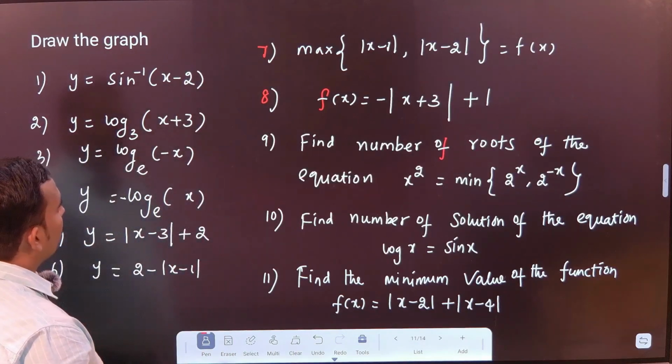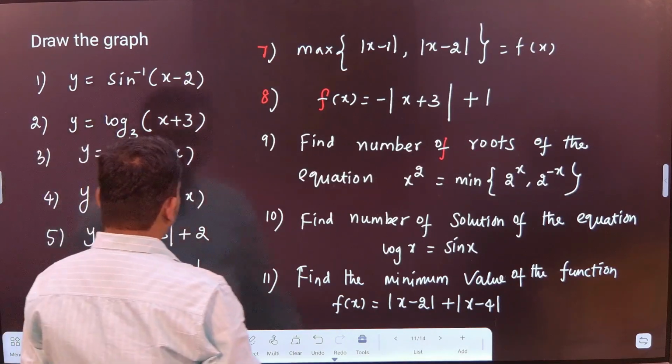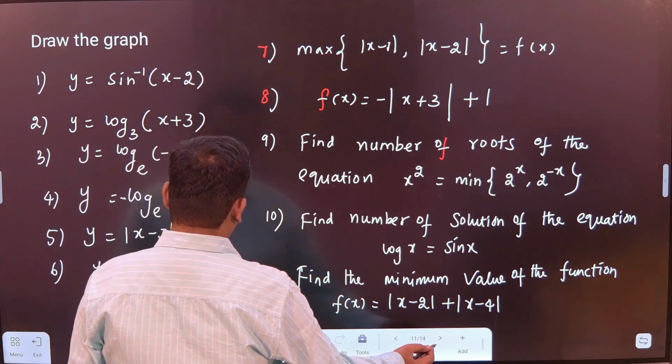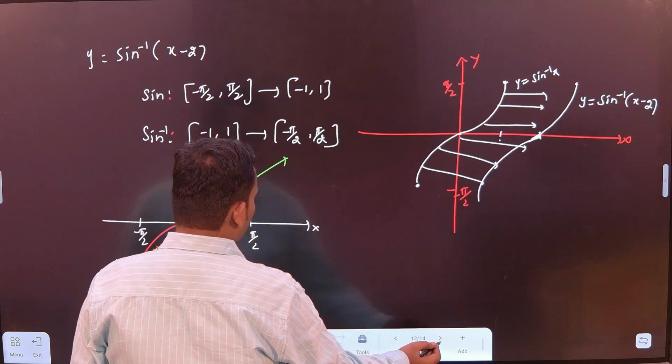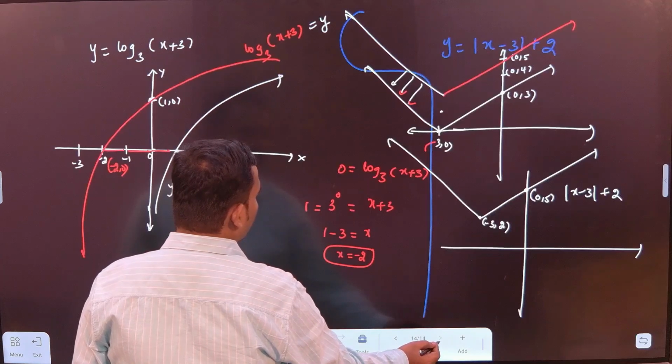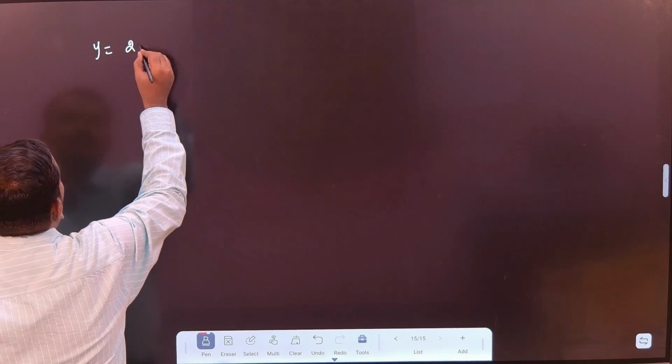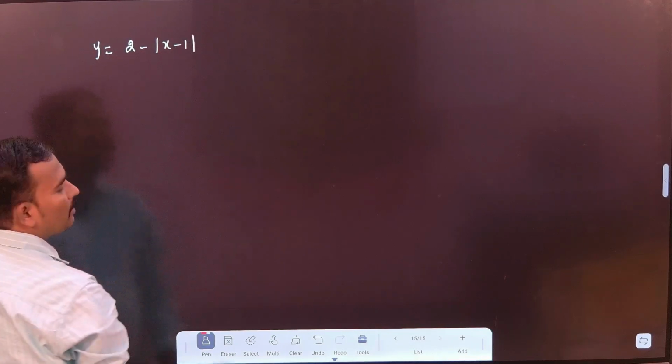Y is equal to 2 minus mod x minus 1 graph. 2 minus mod x minus 1. The same idea.